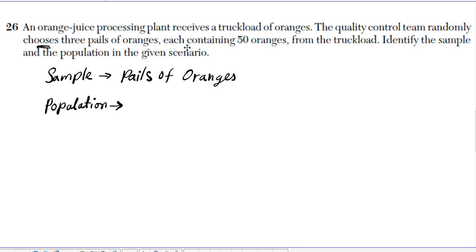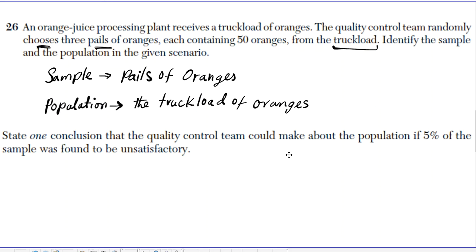Where did they select the piles of oranges from? They were selected from the truckload. Okay, so the population is the truckload of oranges. So there goes your sample and population in this particular scenario.